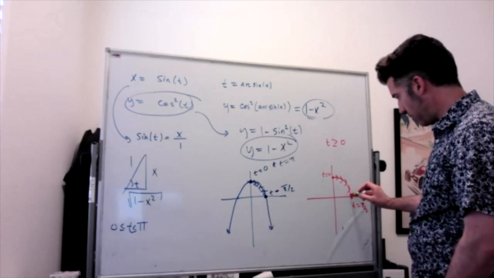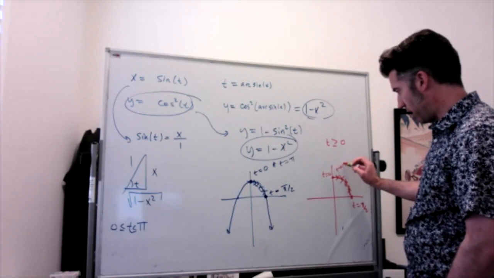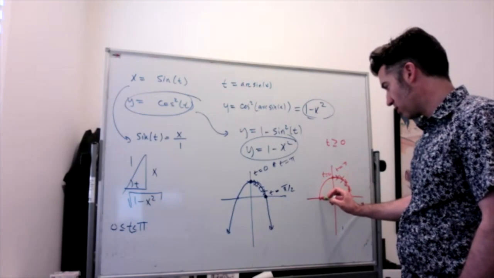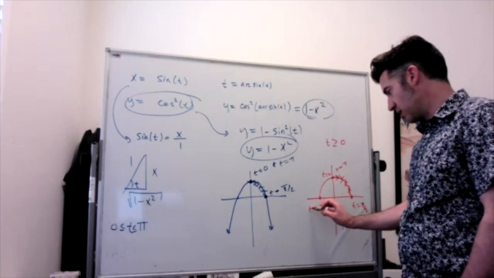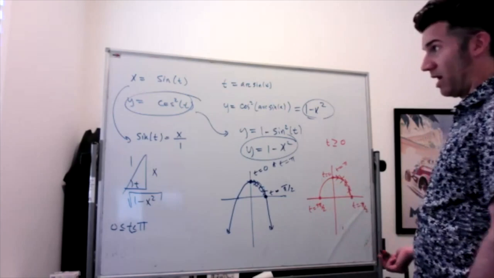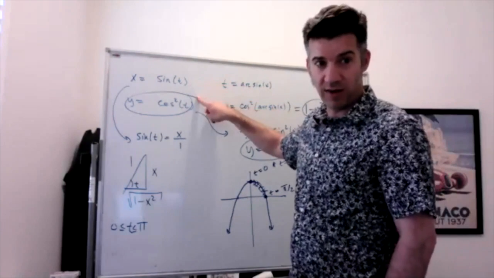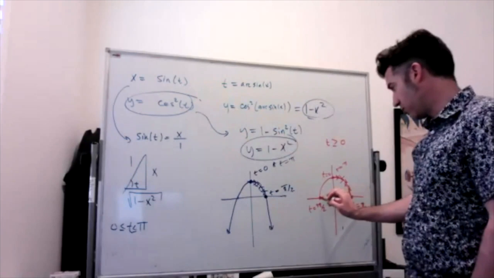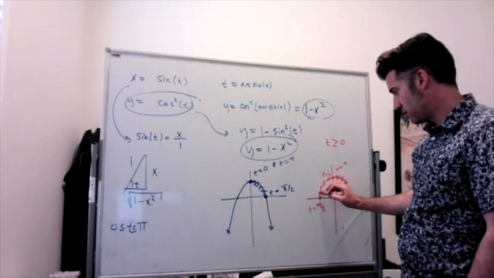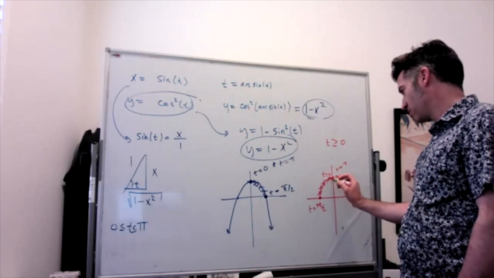Then we go back, and this would be t equals pi. And then we keep going this way over here until we get to t equal to 3 pi over 2. Right? Because at t equals 3 pi over 2, sine of 3 pi over 2 is -1, cosine of 3 pi over 2 is 0. So we're at the point -1, 0. And then we go back this way to 2 pi.